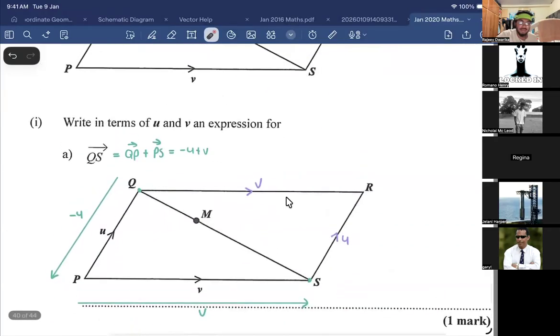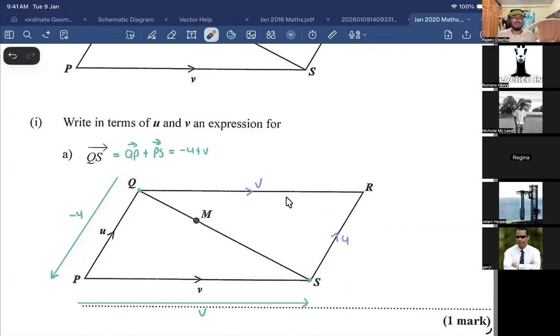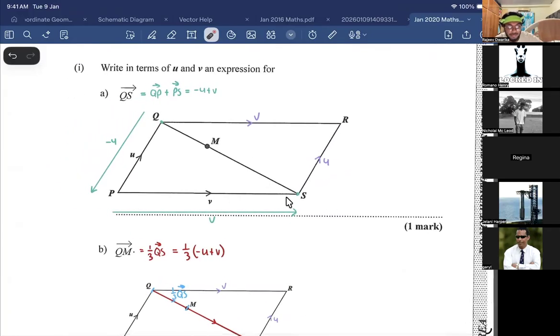Do we know what QS is? Minus U plus V. If you take minus U plus V, we're going to end up at QS. That is all. And so in the next question, I could replace QS with what? A third of minus U plus V.